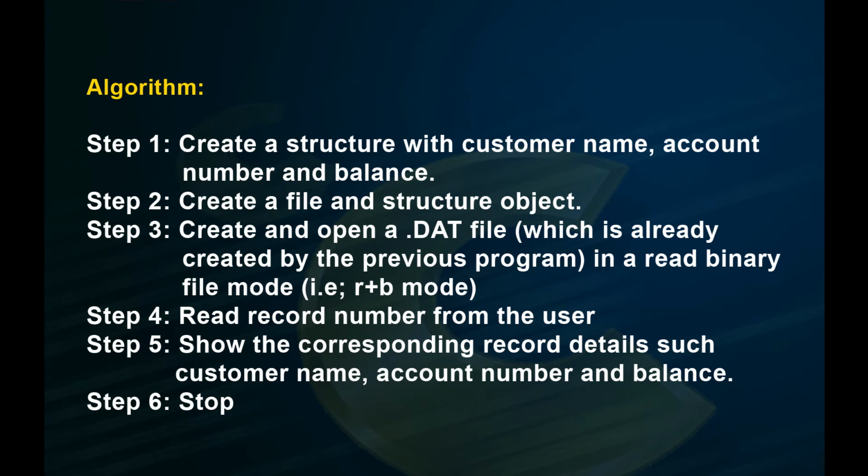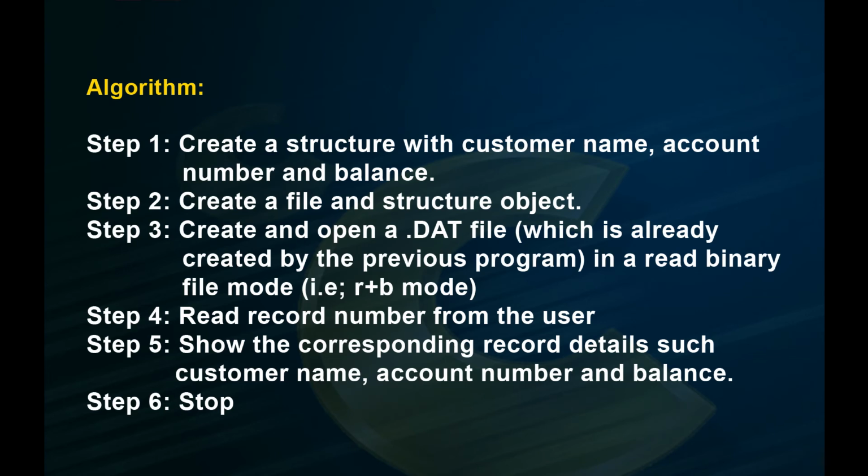Step 1, create a structure with customer name, account number and balance. Step 2, create a file and structure object. Step 3, open the .dat file, which is already created by the previous program, in read binary file mode, that is r+b mode.